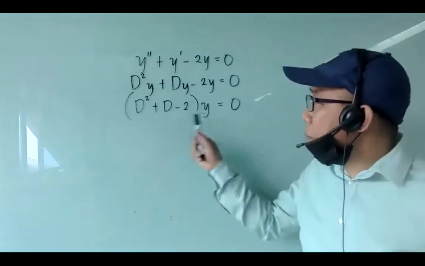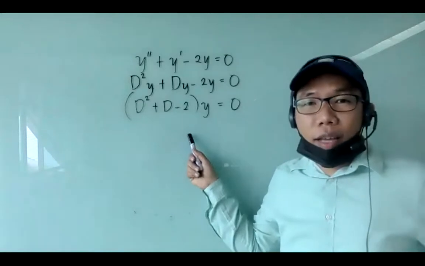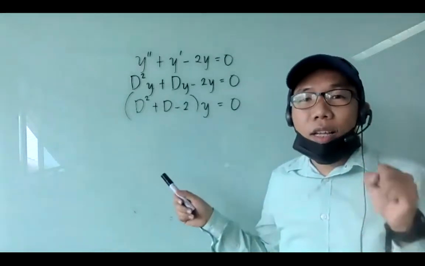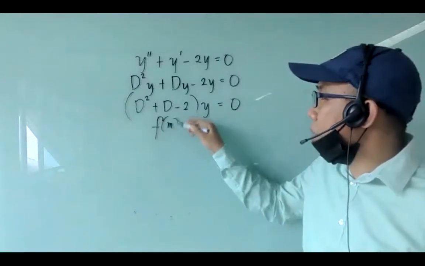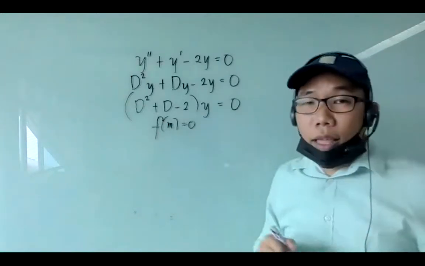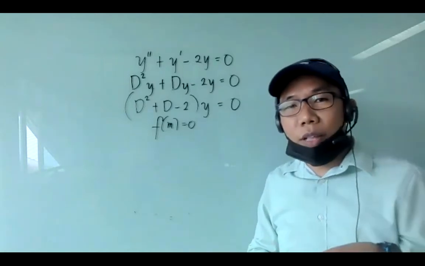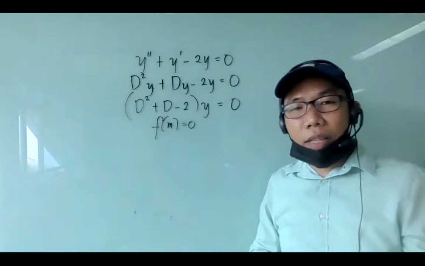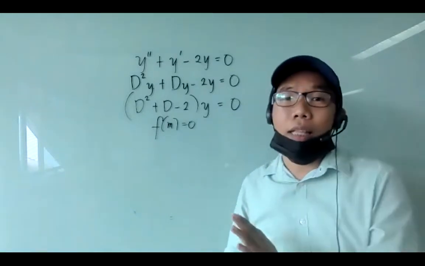Okay? So the next step here, kapag naka-D operator na siya, kailangan natin isulat yung kanyang auxiliary equation. So ano yung auxiliary equation? Yun yung f of m equal to 0. And that is by, anong gagawin natin? Yung D, i-replace natin by m. Of course, sa auxiliary equation, hindi na present yung y dyan. Okay?